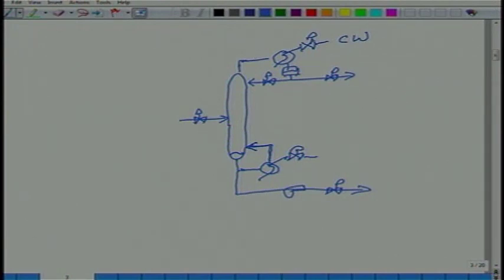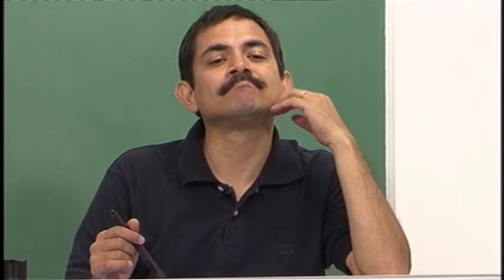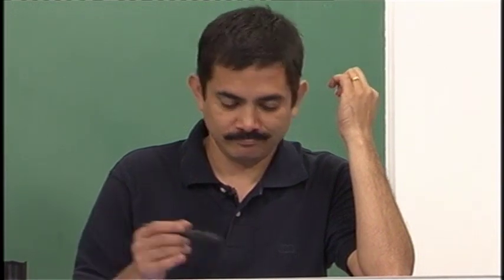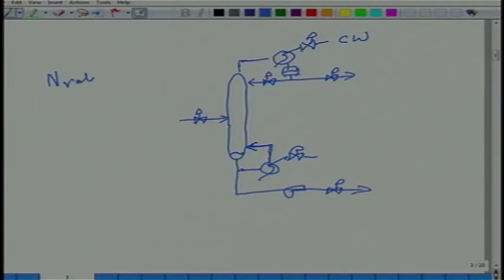Okay. So now, excluding the feed or excluding the throughput, how many valves do we have? N valves, 5. How many levels do I need to control?